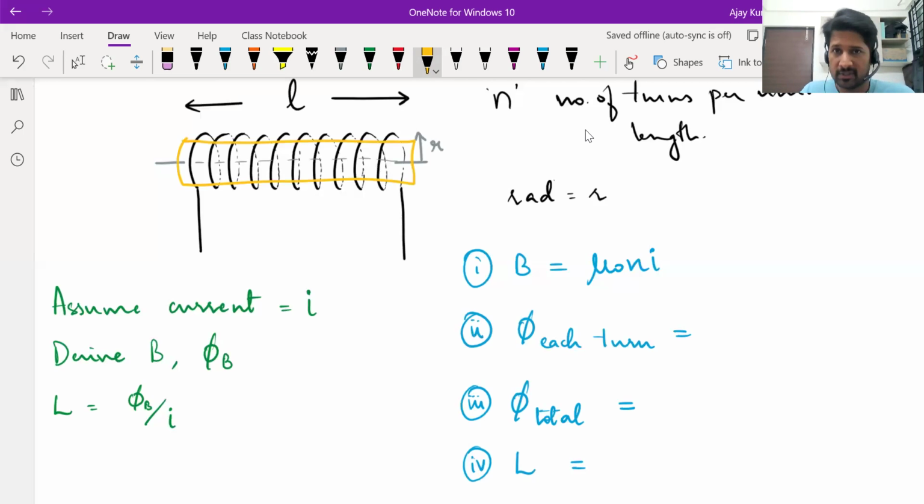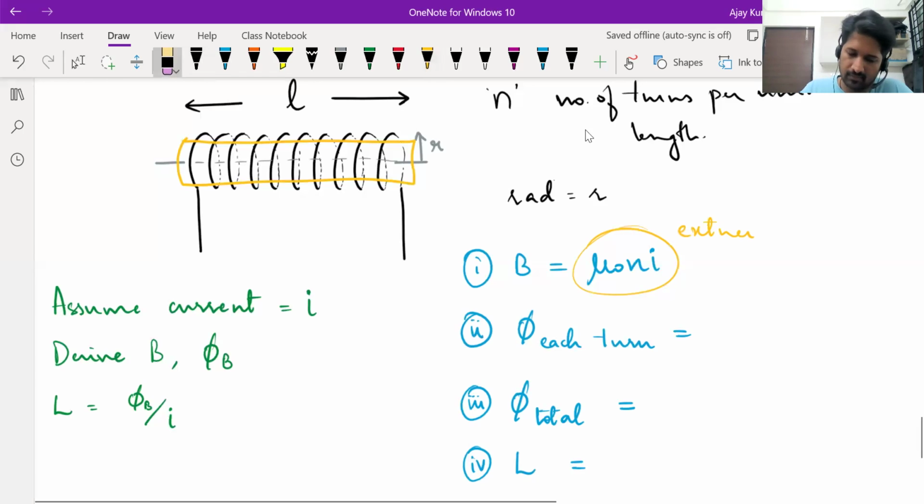If it is filled by some other material, as we discussed in the last chapter, magnetism and matter, if a material is placed in an external magnetic field, that material gets magnetized and it produces an additional magnetic field. Now the current flowing in the coil produces the magnetic field mu naught n I. To that material, this is the external magnetic field. Not to the solenoid, this is the solenoid's own magnetic field only.